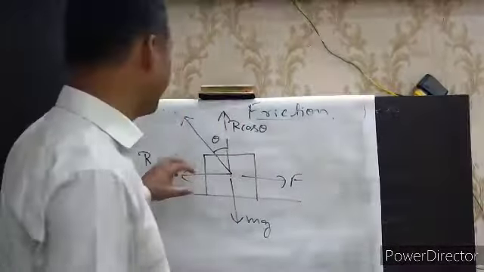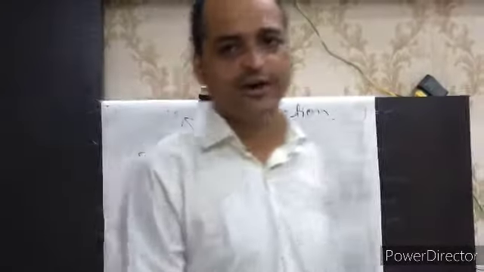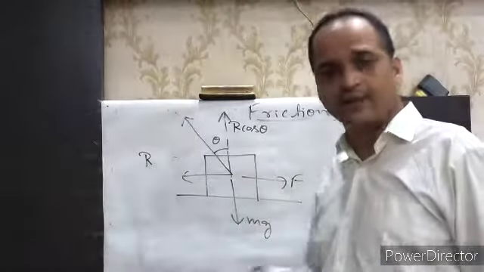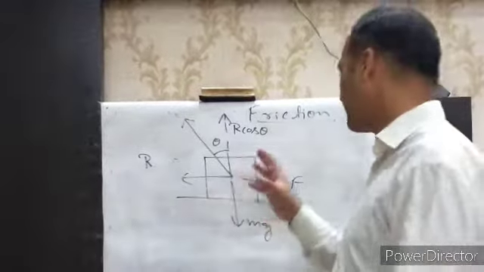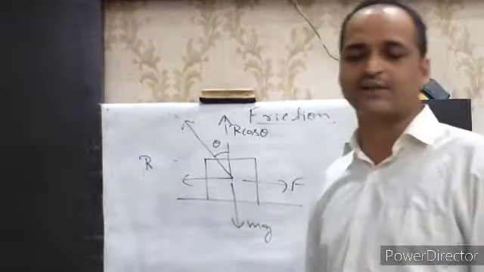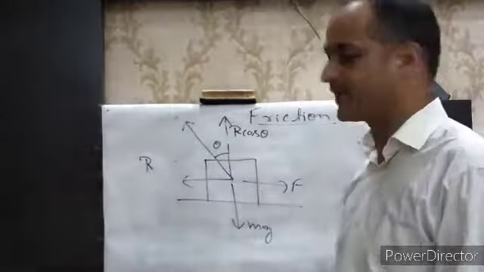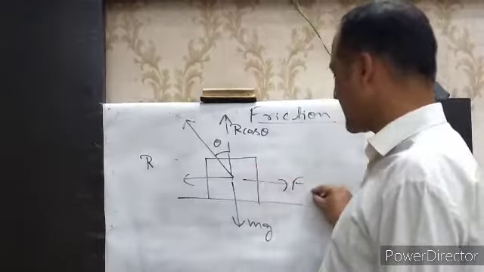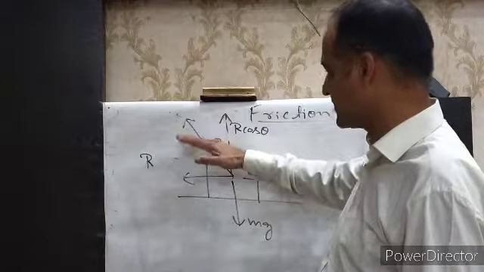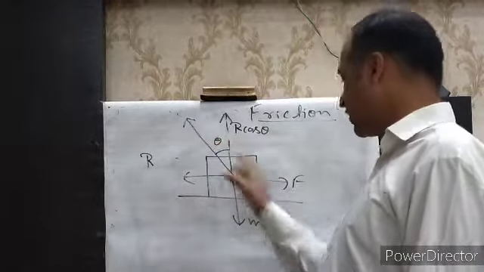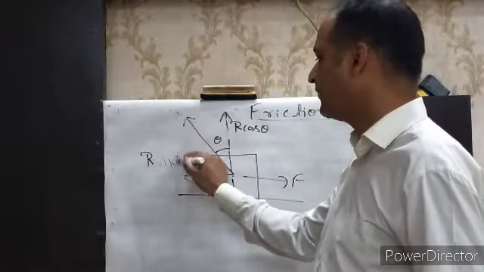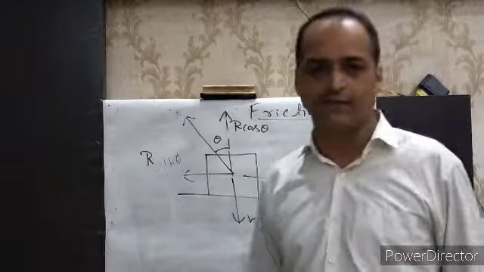What is static friction? When the body is not moving, that friction is called static friction. When the body is just about to move, that is called limiting friction. When the body is moving, then the friction force is called kinetic friction. Now you can see as we increase F, theta will increase accordingly, so that r sin theta will be equal to the external force.